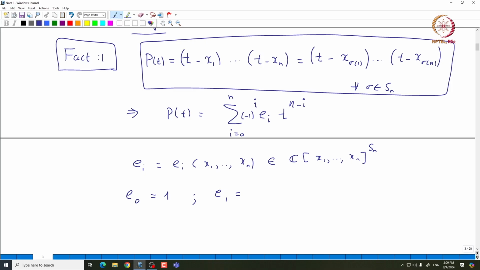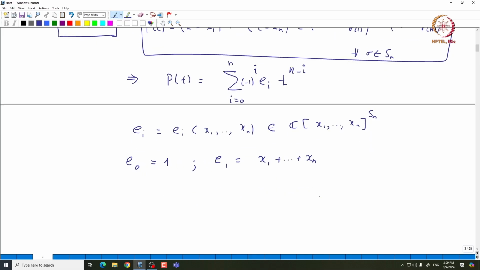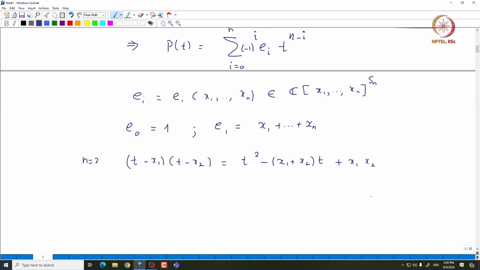If you just take the multiplication, you can easily see that it is going to be x1 plus etcetera plus xn. For example, when n equals 2, you have t minus x1 times t minus x2, which is given by t square minus (x1 plus x2) t plus x1 x2. So you can easily see that the coefficients are invariant under the action of S2.